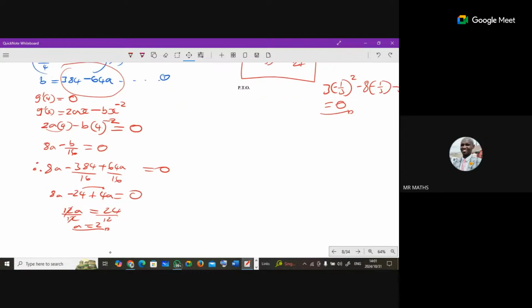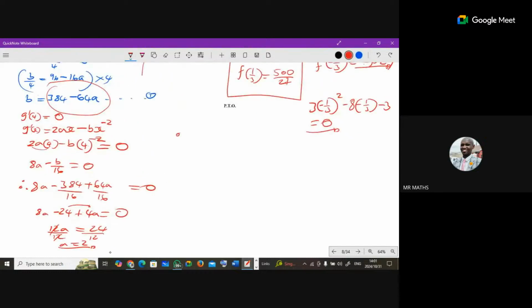So if a is equal to 2, therefore b will be equal to, you come back to this now, 384 minus 64 into 2. Go for the calculator. 384 minus 64 times 2. 256.